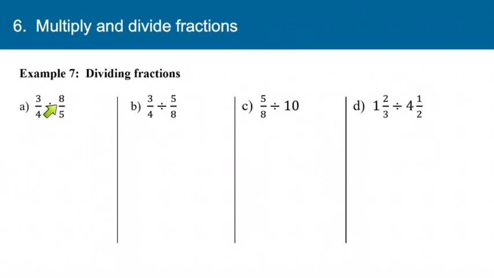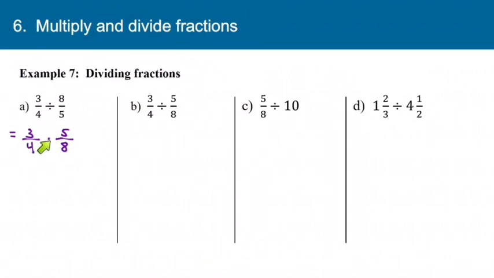Okay, first we want to convert to multiplication form. So 3/4 times 5/8. To divide by a fraction is to multiply by its reciprocal. Now that we've got it in multiplication form, we can cross out any like factors that we see in the top and the bottom, but I don't see any.